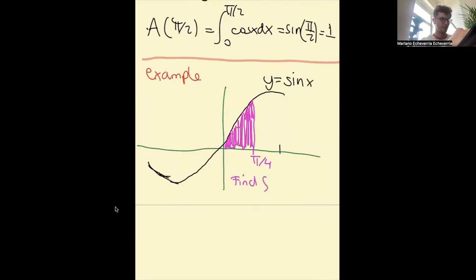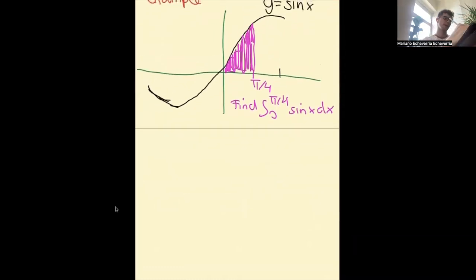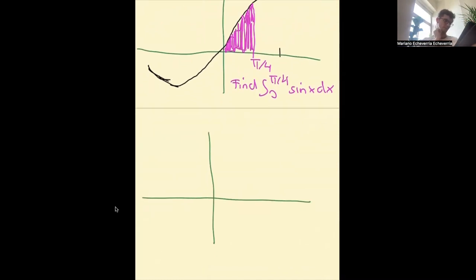Find the integral from 0 to pi over 4 of sine of x dx. Yeah, I think this will be better. So again, instead of working with this directly, we do it in the general case first.